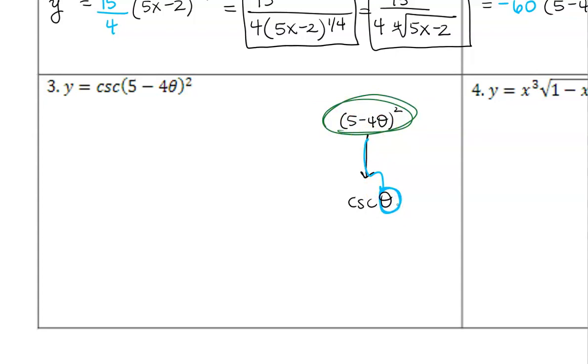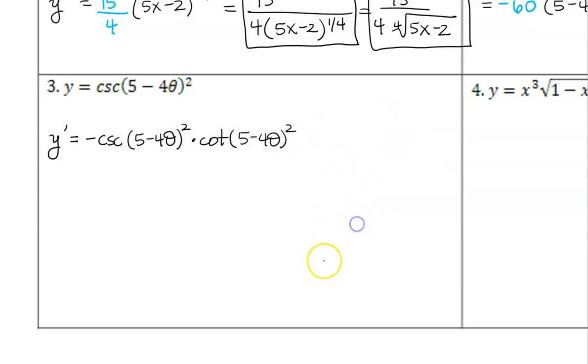So the big function is cosecant theta. That's what's being plugged into. So to start, we need the derivative of cosecant, which is negative cosecant cotangent. So we have negative cosecant of 5 minus 4 theta squared times cotangent of 5 minus 4 theta squared.